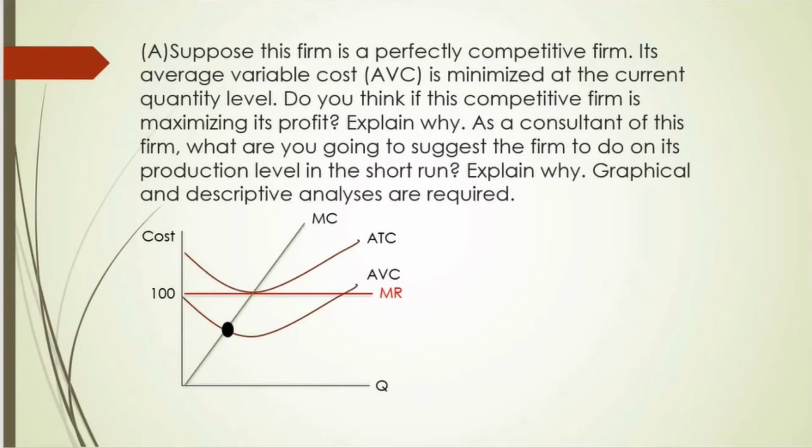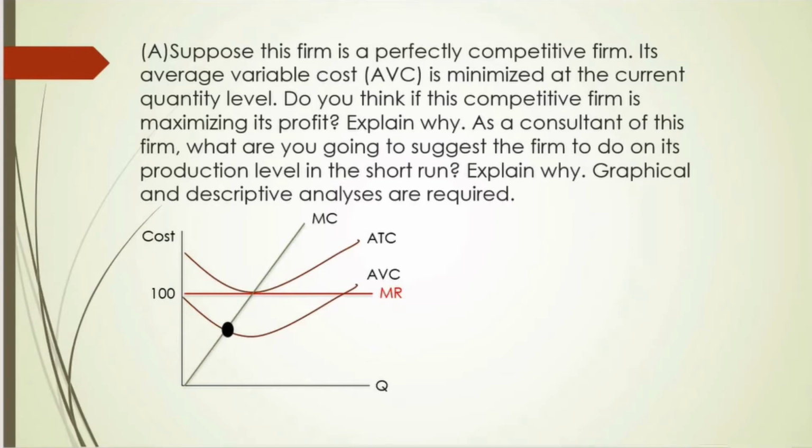So we need to know about perfect competition. It means that price equals marginal revenue. Because the price is 100, we can know that marginal revenue is also equal to 100 accordingly. To maximize the firm's profit, it should supply the quantity at which marginal cost equals marginal revenue.